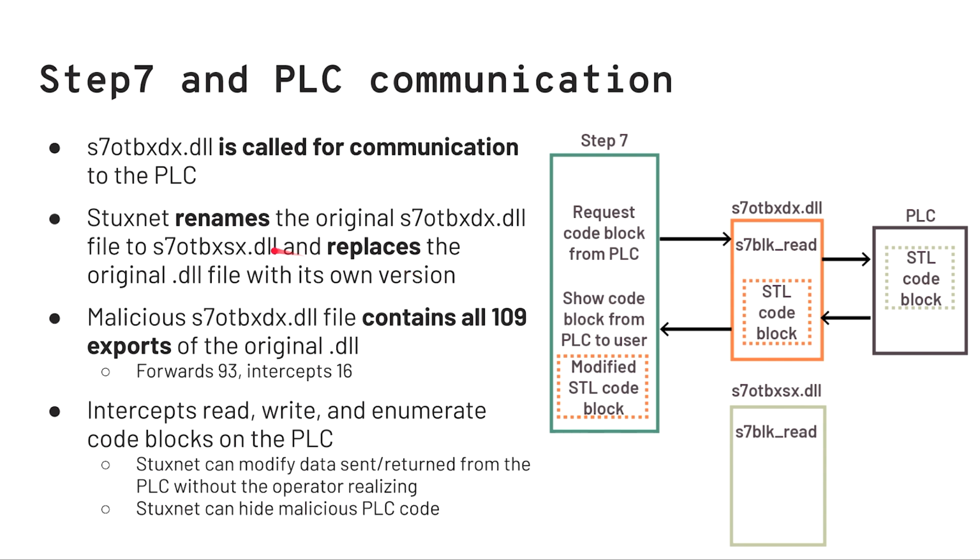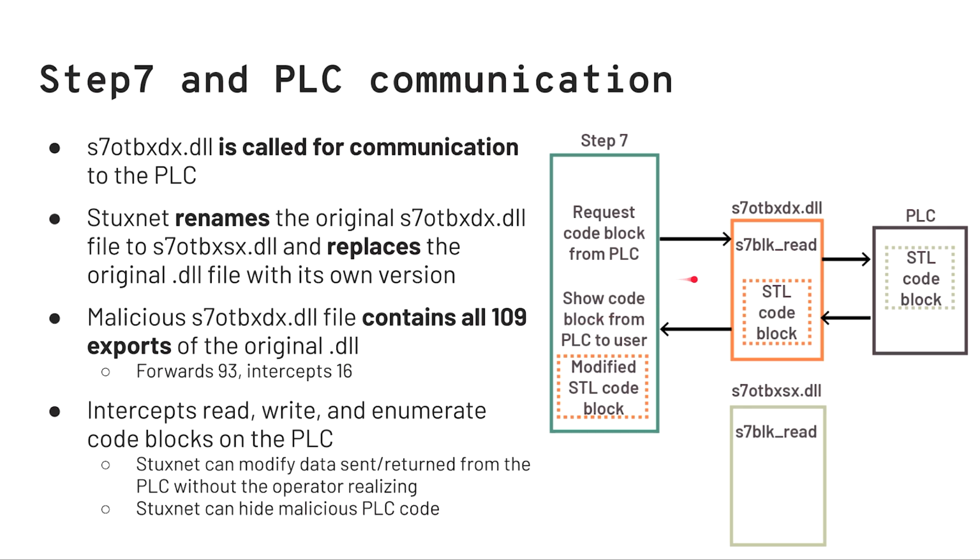So Stuxnet renamed the previous one, changing the letter D to S, and replaced the original one with its own version that would contain all the exports the previous DLL had. It had 109 exports, and the replacement would contain all of them, of course. It would just forward 93 of them and intercept 16.